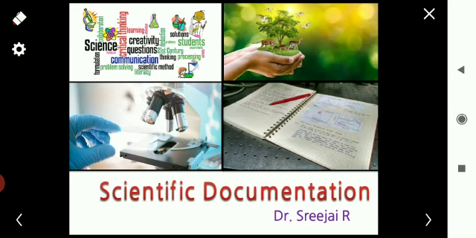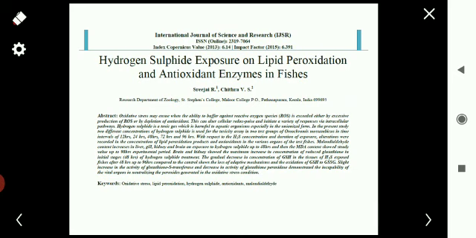Then coming to the structure of a research paper. This is one of my research papers that was published in the International Journal of Science and Research in 2005. In this paper, I would like to explain the structure.